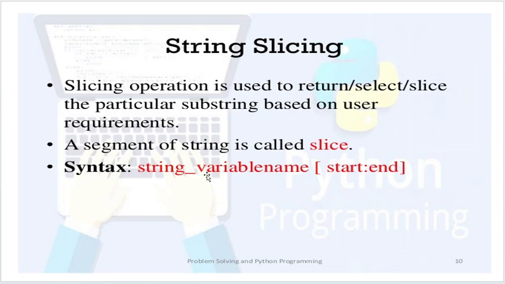So the string variable that we are going to use should be followed by square brackets. Inside the square brackets, we have to specify the start and the end. Start and end represent the index values, the starting index and the ending index that we need when we slice a substring from the given original string.